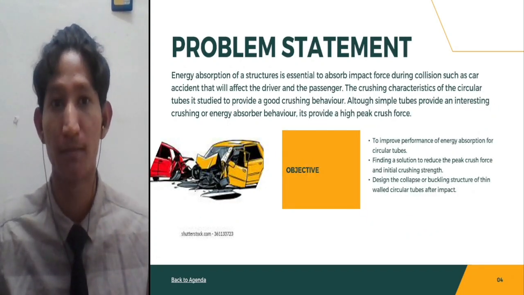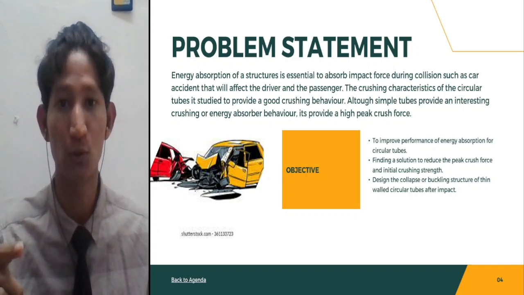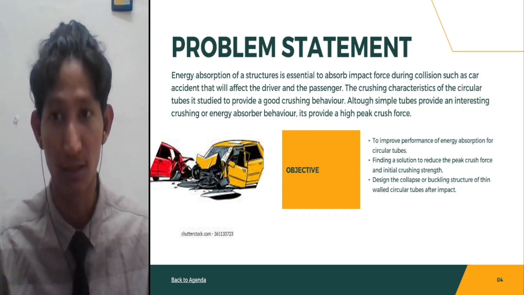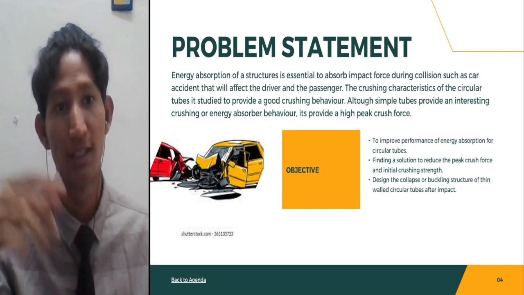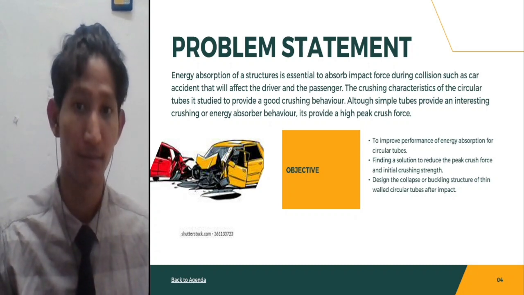Problem statement. Energy absorption of a structure is essential to absorb impact force during a collision such as a car accident that will affect the driver or the passenger in the vehicle.